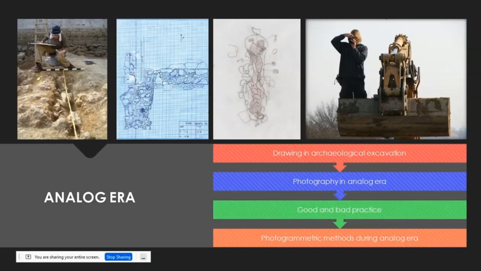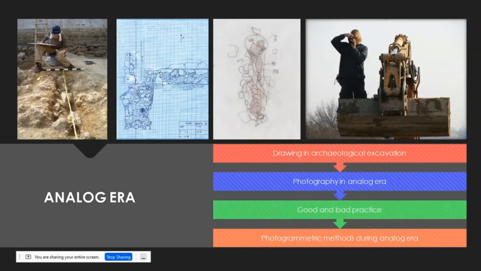Photography has been used in archaeology almost since its beginnings. Analog photography more than digital requires specific knowledge and skills. So often a professional photographer was in charge of taking, developing, and archiving photographs during excavation.